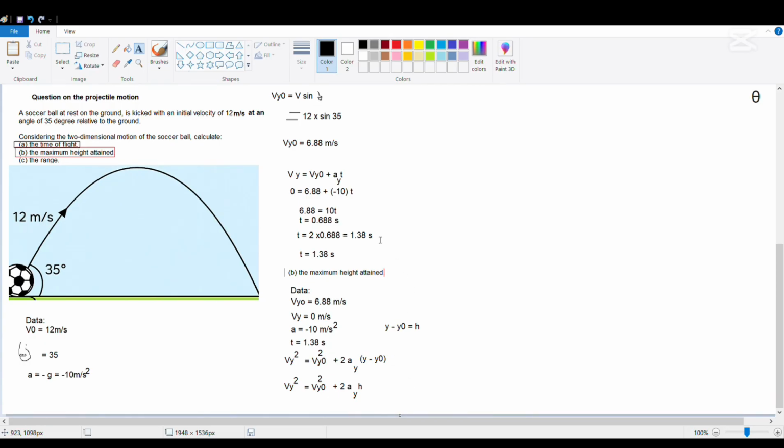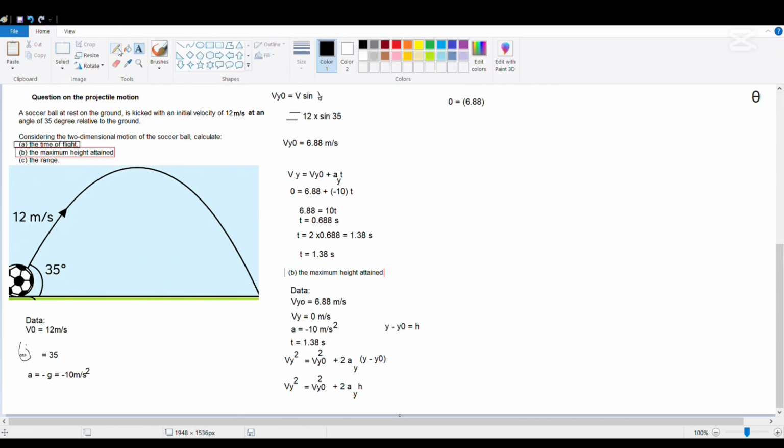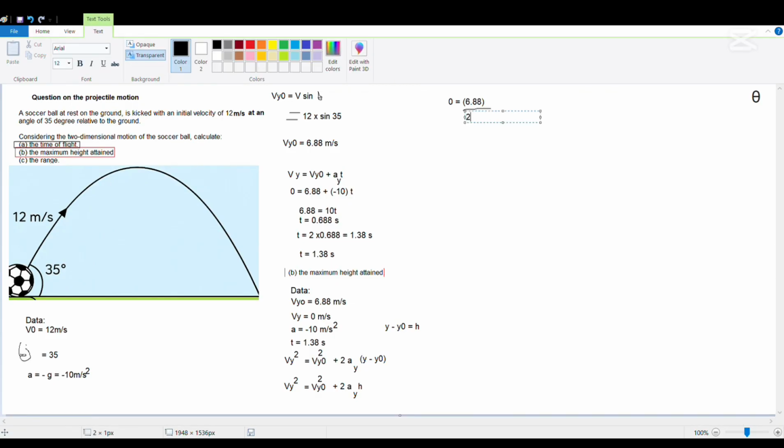So if I am writing this here, vy squared, with y naught equal to 0, will be 0 is equal to 6.88 squared, divided by 2 times 10, I guess, is a, and we have it equal to 0.